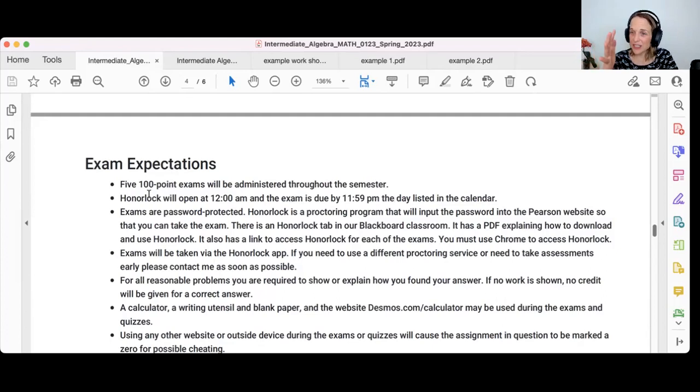The easiest way to do that is through HonorLock. So on the day of the exam at midnight in the morning, HonorLock will open. HonorLock is an application that unfortunately records you using your webcam, and then it records your screen.